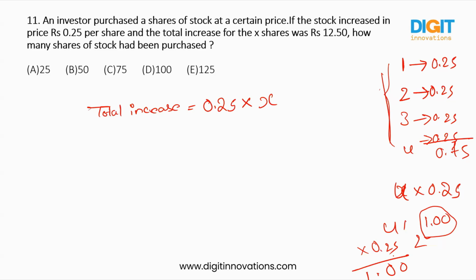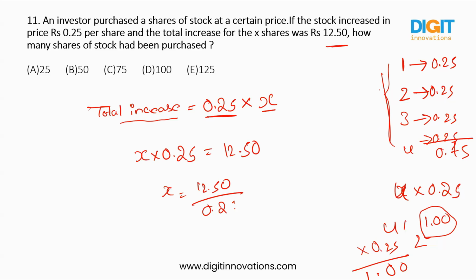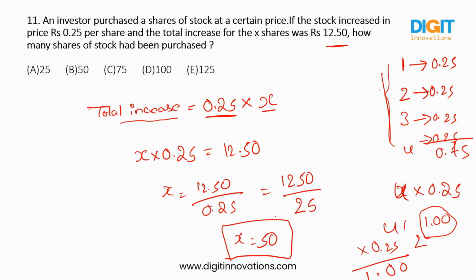So however many shares were purchased, you got the total increase as 12.50. So X equals 12.50 by 0.25. So you can write it as 1250 by 25, which is equal to 50. So how many shares? 50 shares were there.